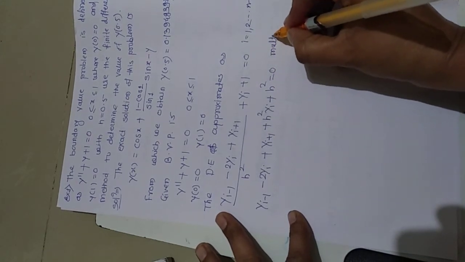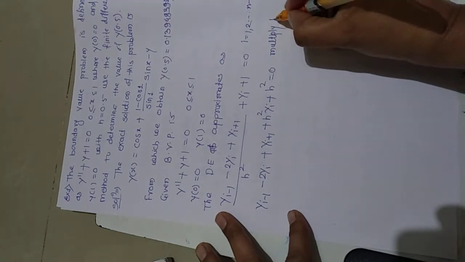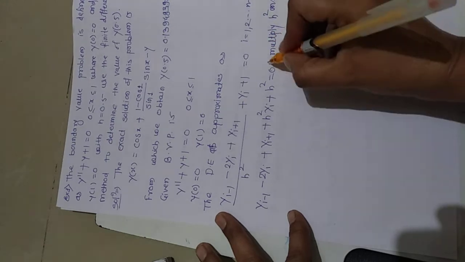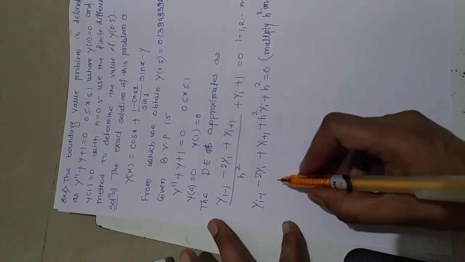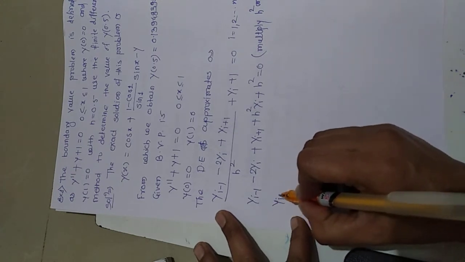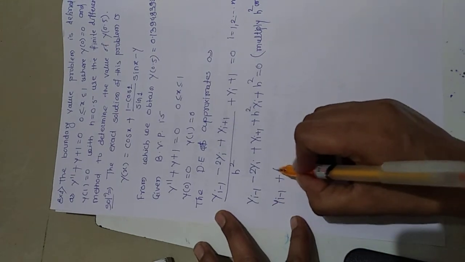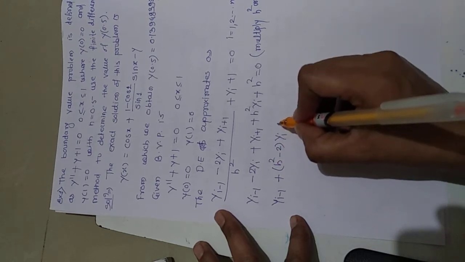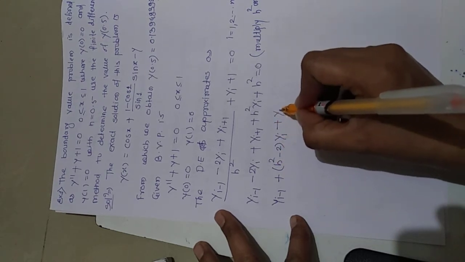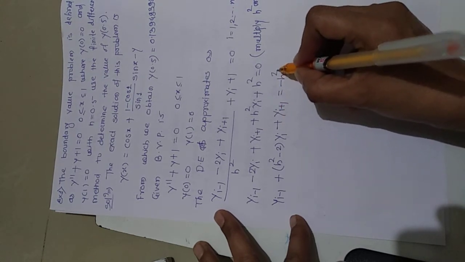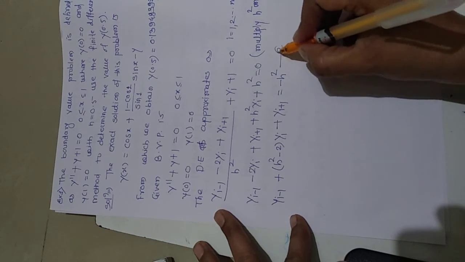multiplying h square on both sides. Therefore, we get y(i-1) + (h^2 - 2) y(i) + y(i+1) = -h^2, that is equation 2.